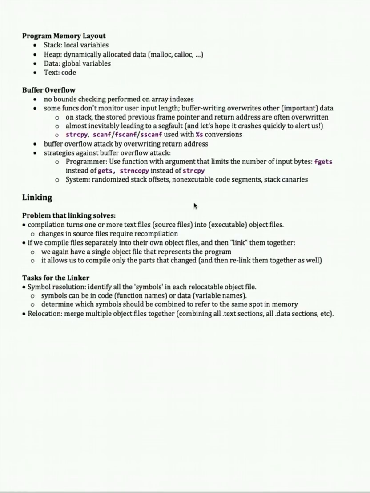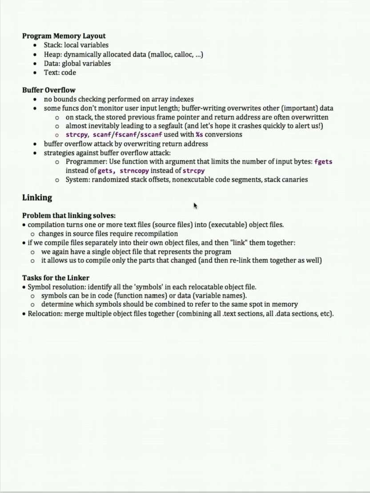Okay, and also we've learned the issue of buffer overflow. This happens because there's no bound checking performed in array indexes, and some functions in C don't monitor user input length. So the memory address that is allocated for the input may not be enough for the input.